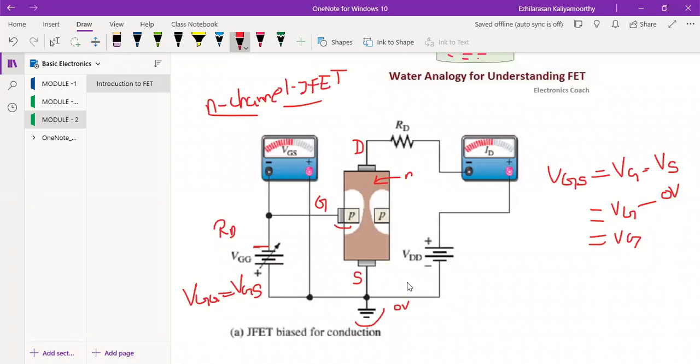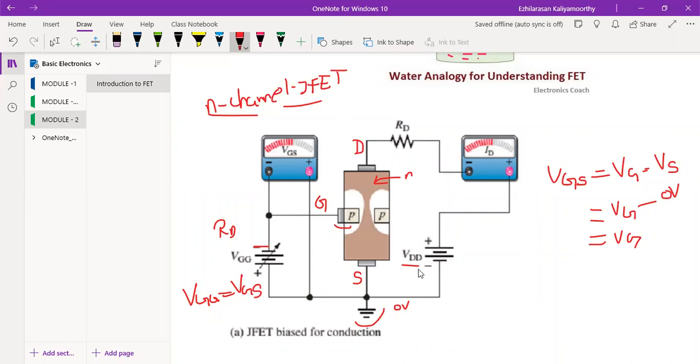Now what we will do is add something here like the VDD. Yes, this will be your VDD. Here, one more term is there. This VDD will set the reverse bias voltage between the gate and the source.